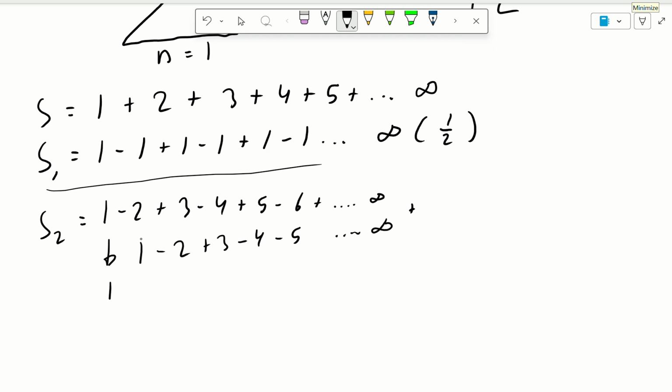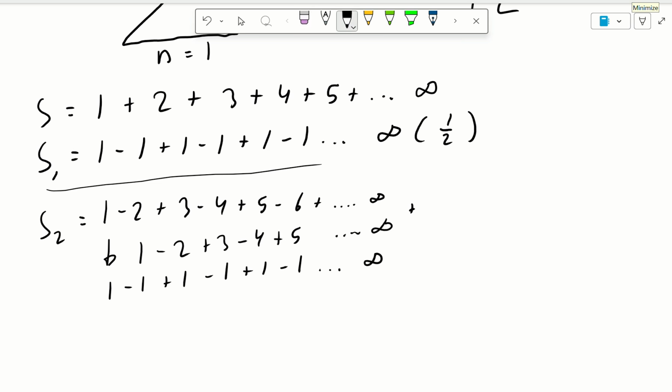The 2 becomes a minus 1. This becomes plus 1. This becomes minus 1. This becomes plus 1. This becomes minus 1. And so forth until infinity.